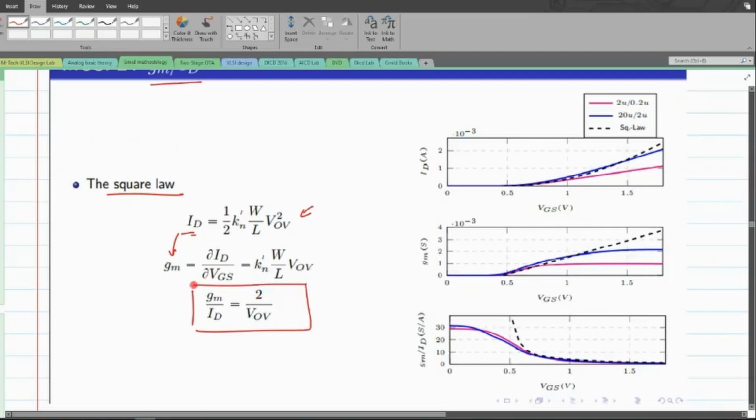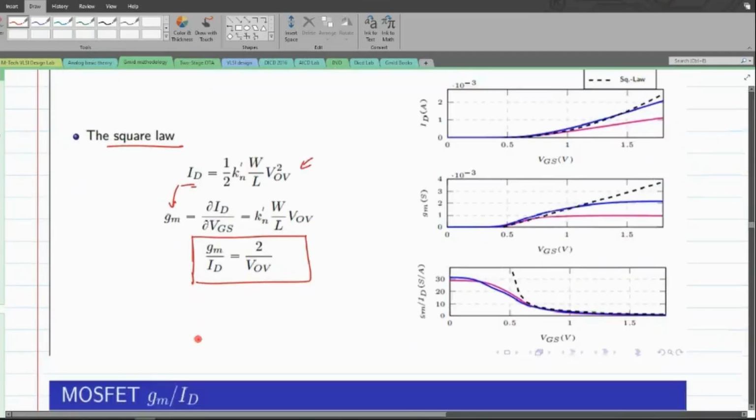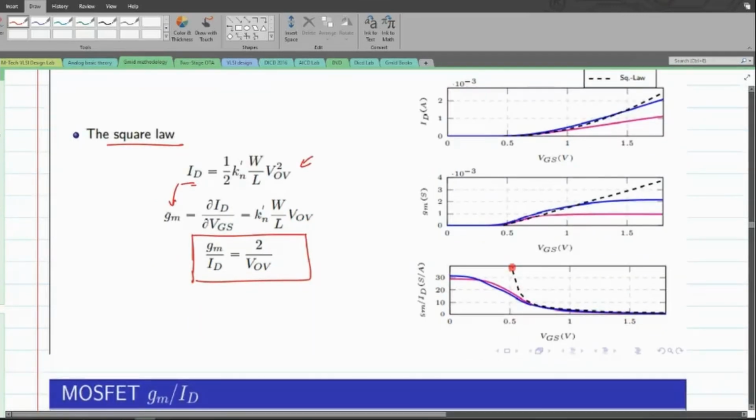Now using this as my expression, when I try to plot, the black dotted line represents the expression. We know that the moment VGS is equal to VT, this gm over ID term is supposed to shoot up to infinity. That is what this expression conveys to us. But in reality, I have plotted the blue line and the magenta line for different channel lengths.